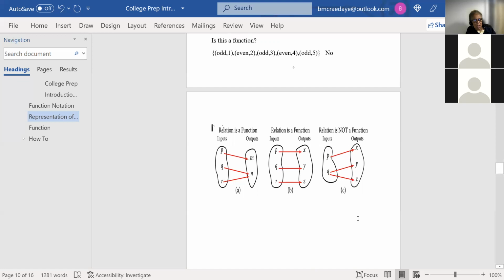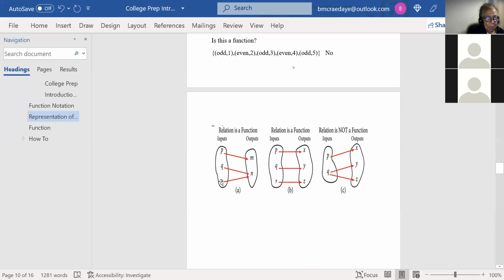A function has to have a specific criteria. In other words, one input per output. But a relation doesn't have to have that, right? So now, this relation is a function. Why? Because each of these inputs only map to one output.